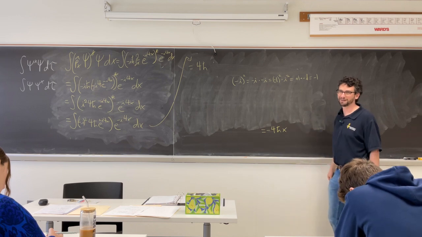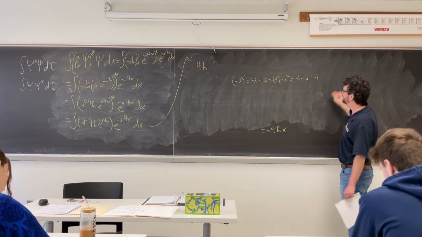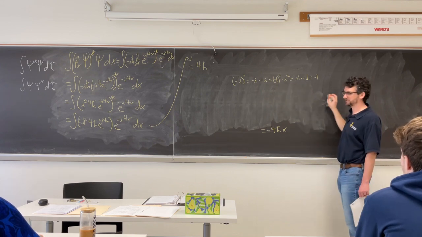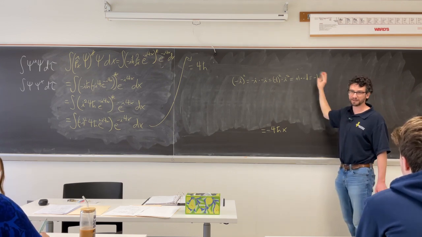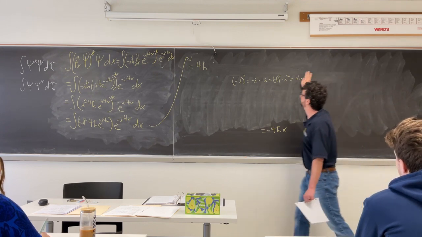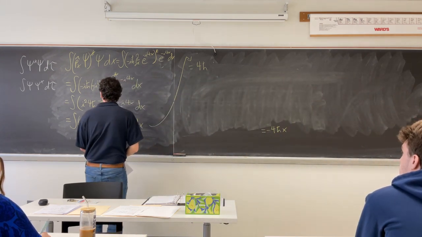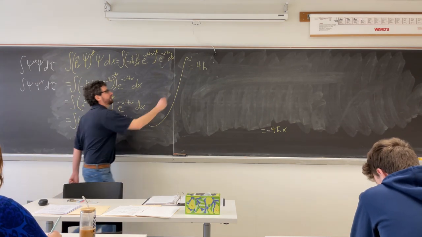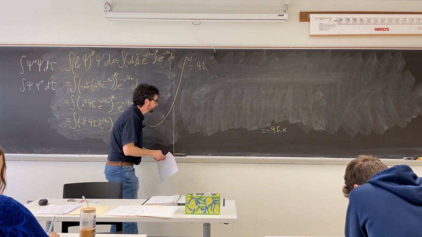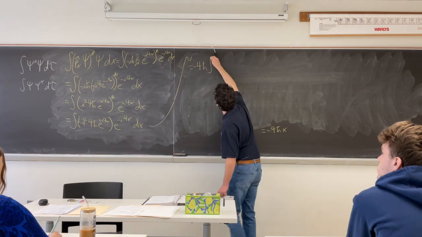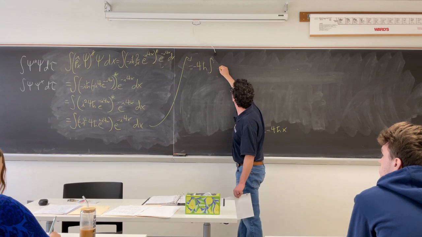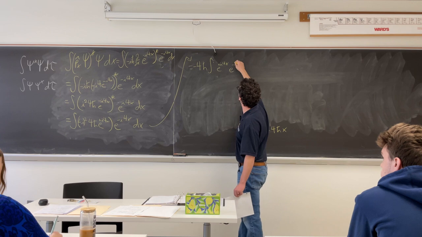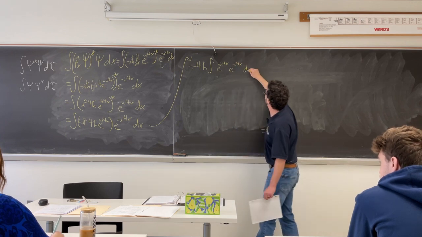Good catch, Lily. I was like, that's not going to work out. That's why I hate i's in some cases, because you really have to pay attention to what you're doing. Does that make sense, though? Okay. So now we should get a negative out front. Okay. Then we got the integral of e to the plus 4x times e to the minus 4x dx.